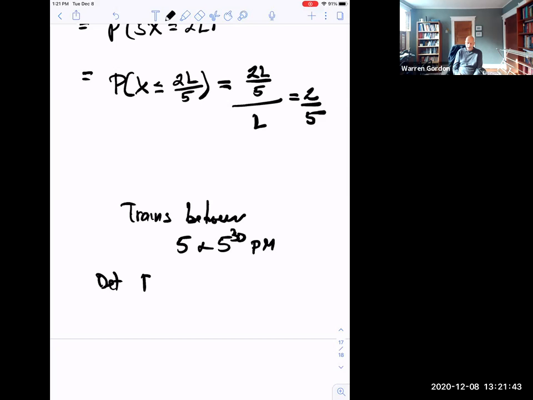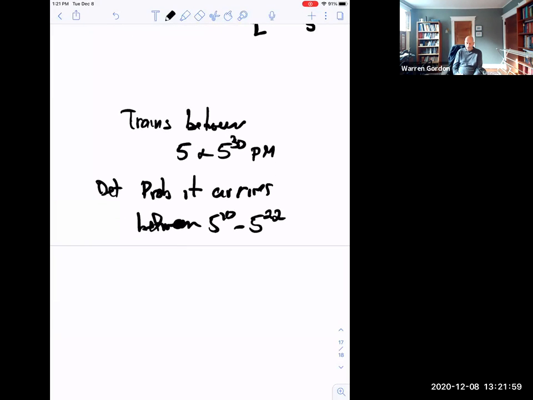Determine the probability the train arrives between 5:10 and 5:22. Well, clearly the arrival of the train is uniform. And we showed for uniform probability, the total interval is 30 minutes.